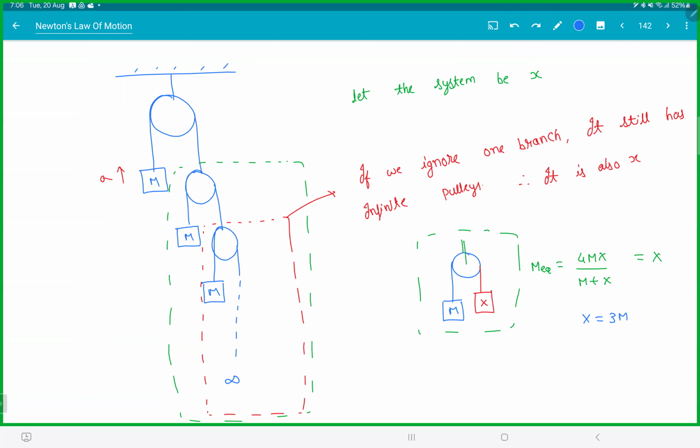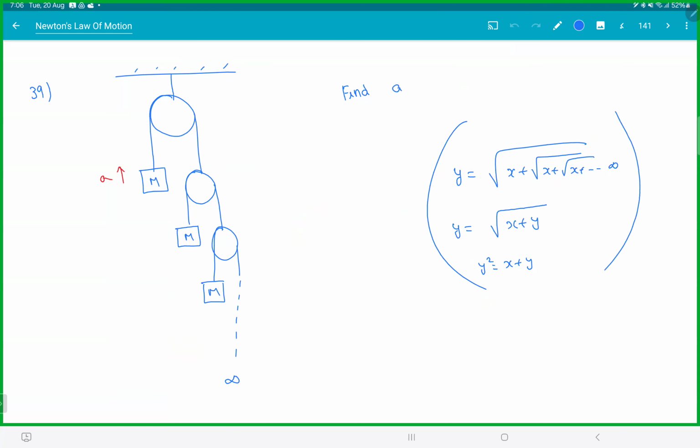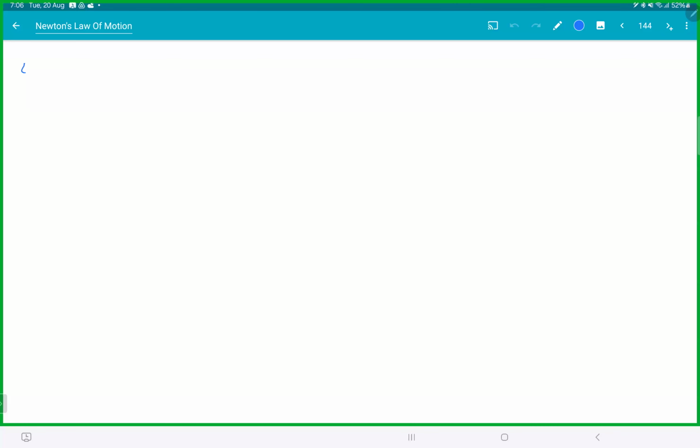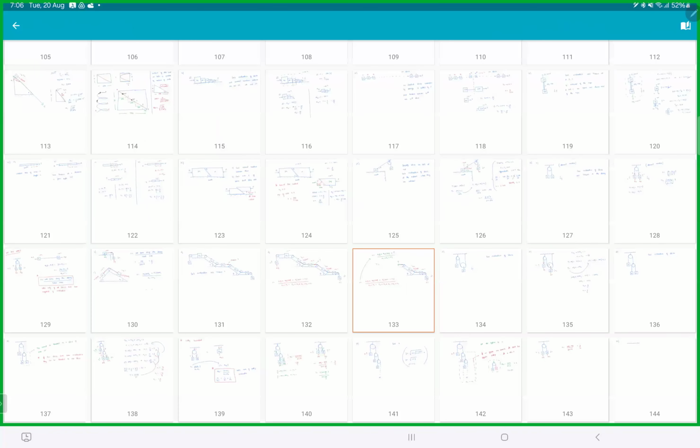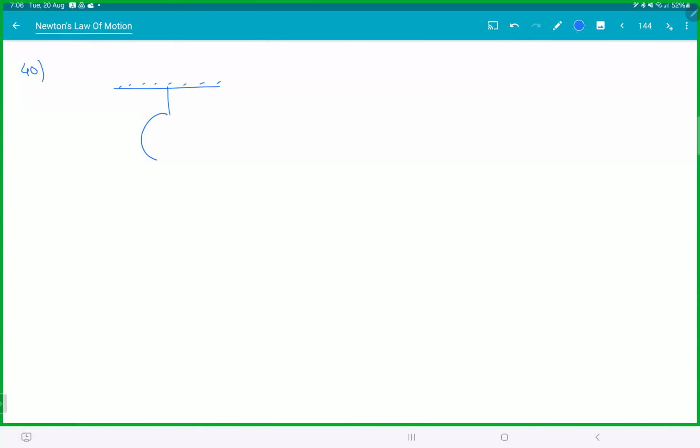Next one. This is M, 2M, 4M, 2M, and 3M.